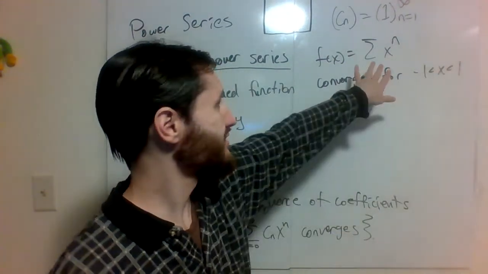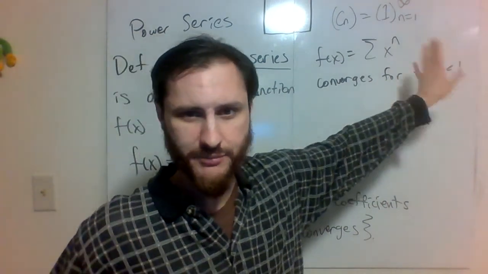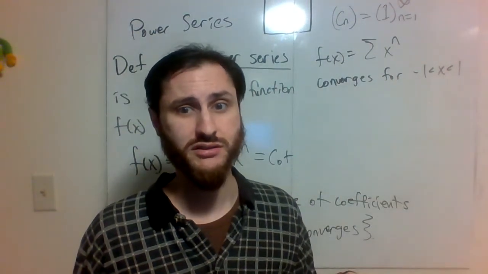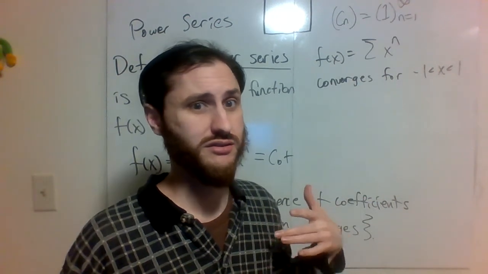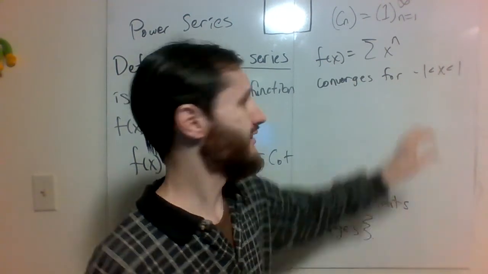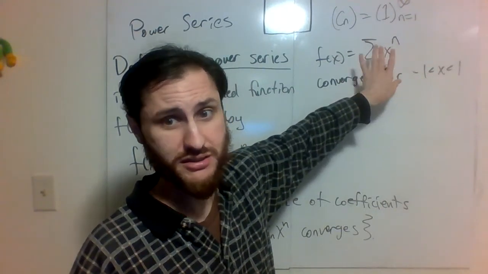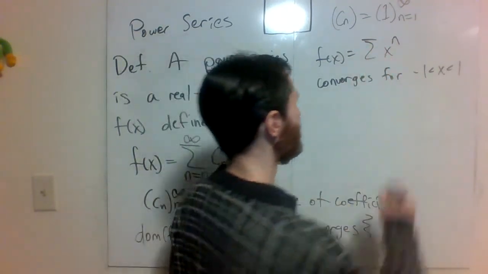And we know what this sums to. Remember, a geometric series always sums to a over 1 minus r. So here, your ratio r is actually your variable x. The a is the coefficient on it, which is 1.